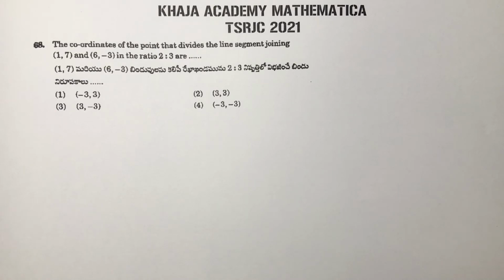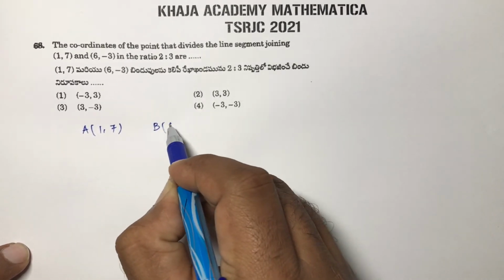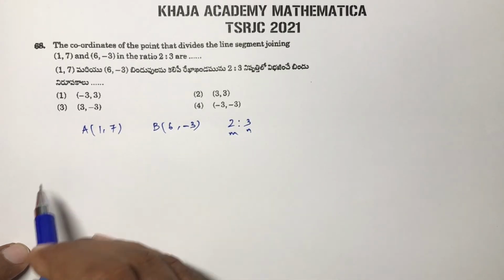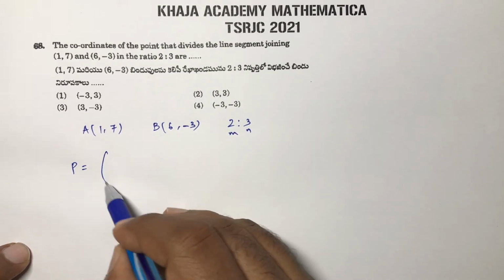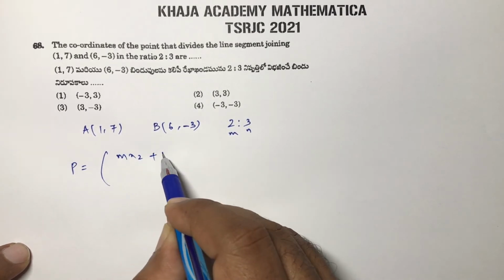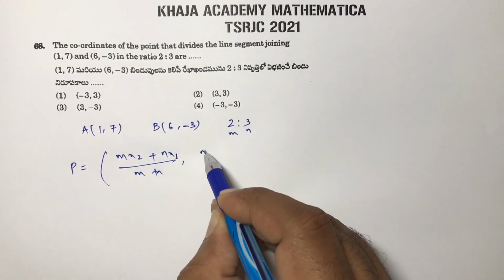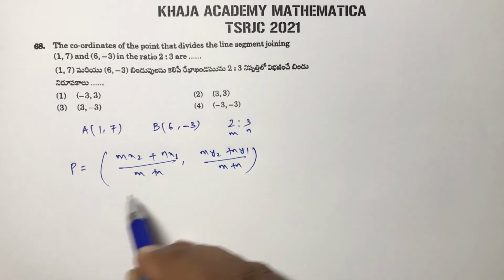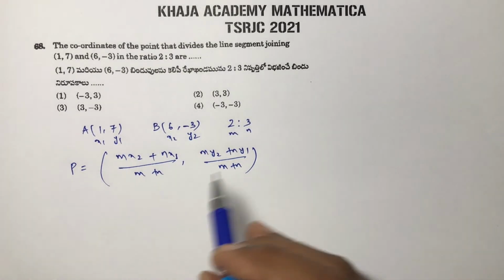The coordinates of the point that divides the line segment joining A (1, 7) and B (6, minus 3) in the ratio 2:3. So it's a direct problem. We need to find P, which is dividing AB in the ratio 2:3. I'll use the section formula: (mx2 plus nx1) by (m plus n), (my2 plus ny1) by (m plus n). So this is x1, y1, x2, y2, m, n.